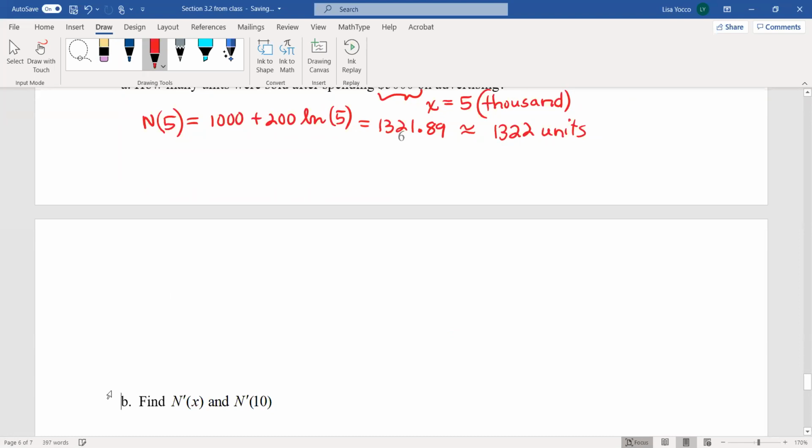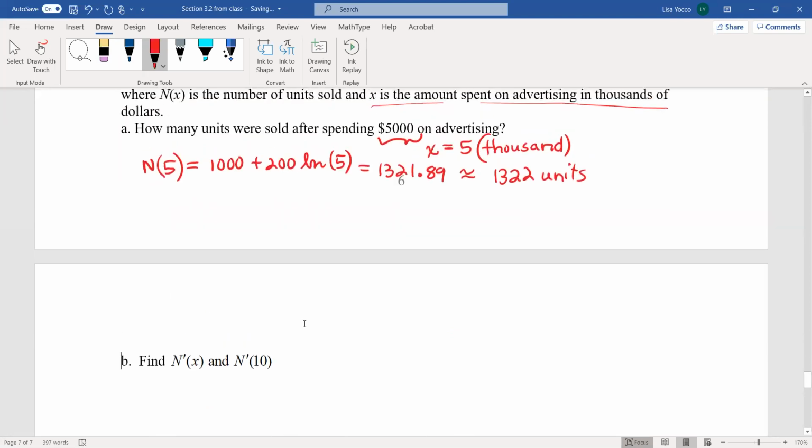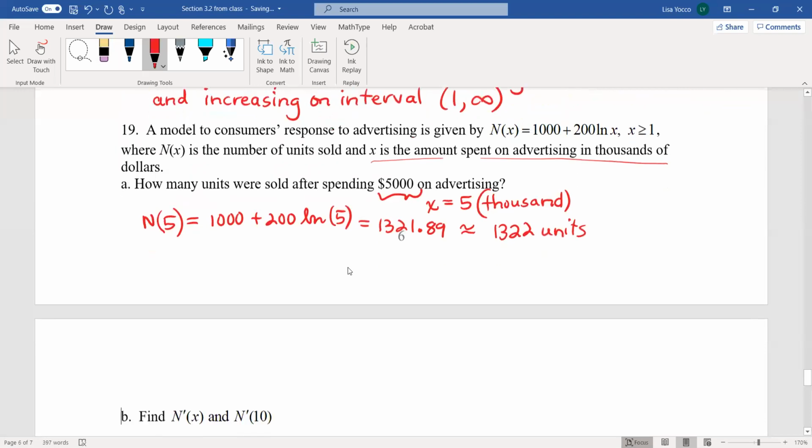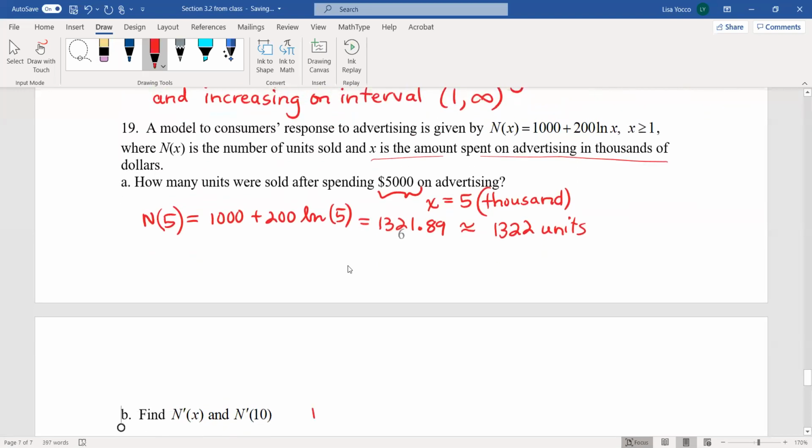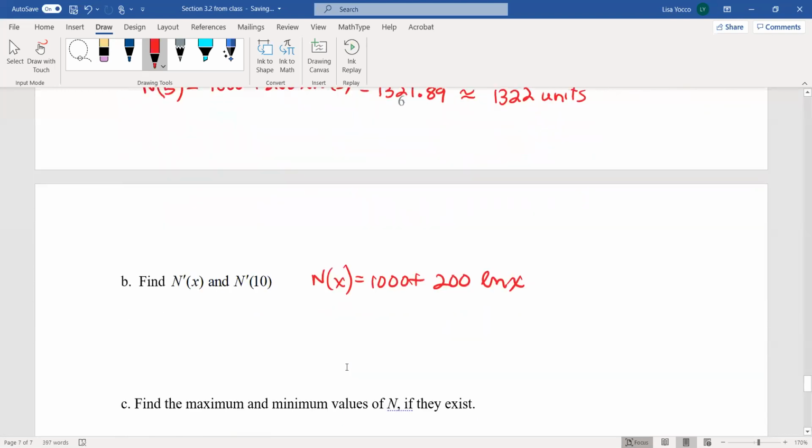Part B, find the derivative. Find n prime of x and n prime of 10. So let me remind us, let me put the function down here. It's 1,000 plus 200 natural log of x. So at least this isn't a real difficult one for the derivative.